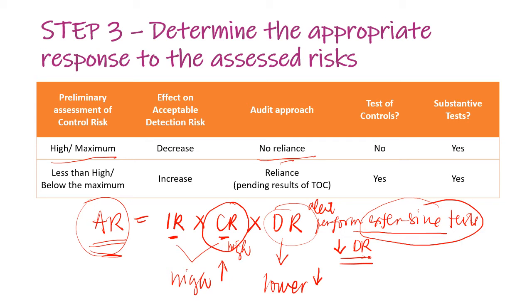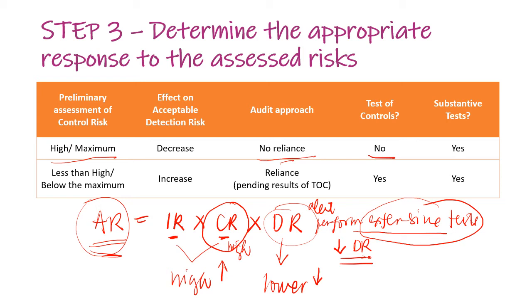Okay? Next, is the auditor going to perform the test of controls? I have mentioned earlier, no more. The auditor will not perform a test of controls on controls that he does not rely on, because that would be a waste of time. Testing controls that are not reliable, for what?